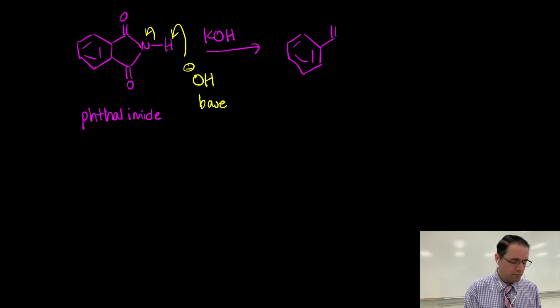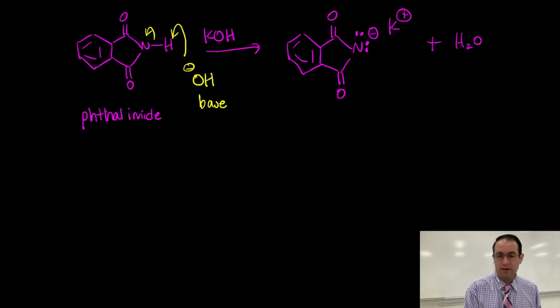So this will be the next intermediate. Okay, we have 2 pairs of electrons on that nitrogen. Okay, and we have a potassium counter ion floating around from the KOH, and we form water from this acid-base reaction. So this is called potassium phthalimide.